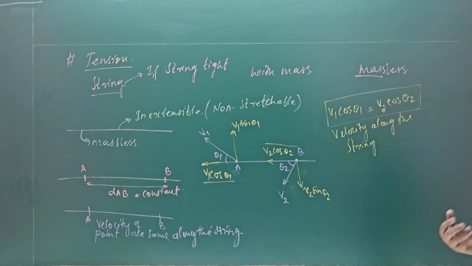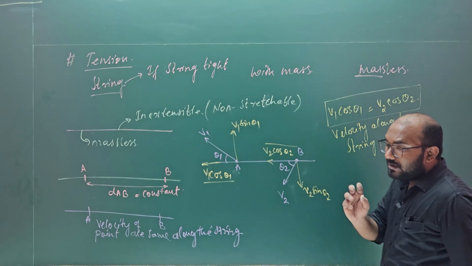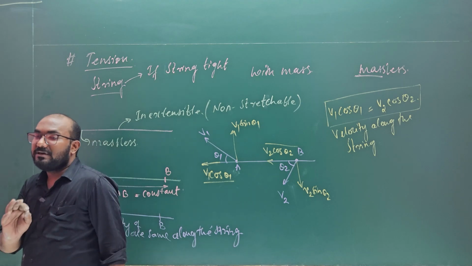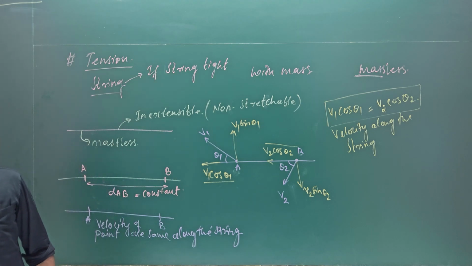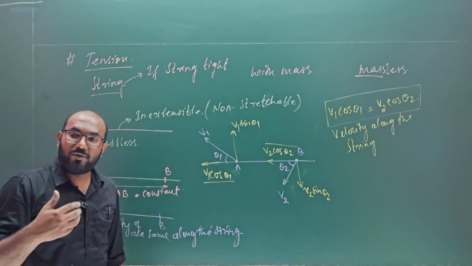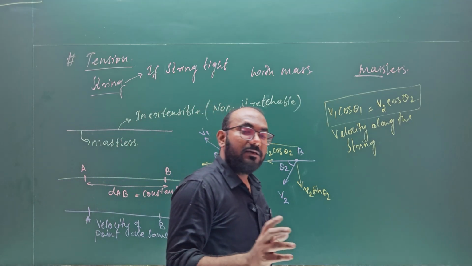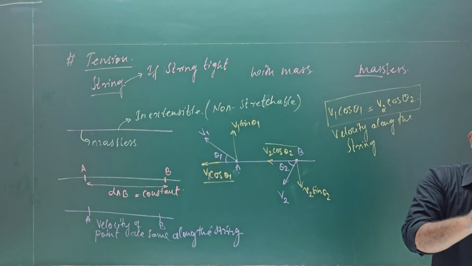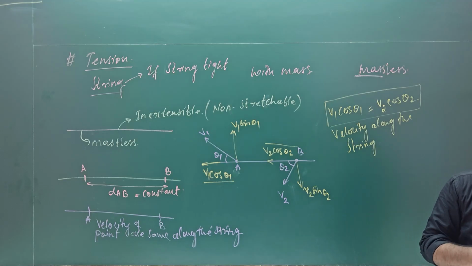So these are the basic properties of the massless string. It is non-stretchable. If they are non-stretchable, definitely the distance between any two points always remains constant. If the distance between any two points is constant, then the velocity along the string is always the same.